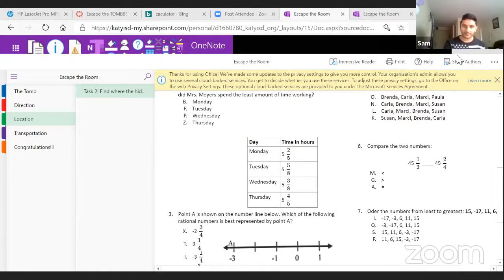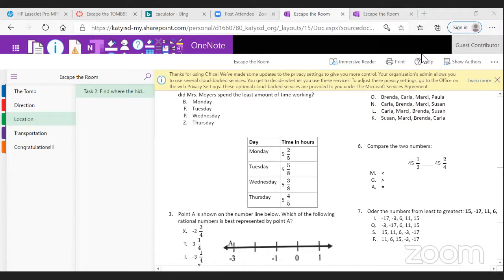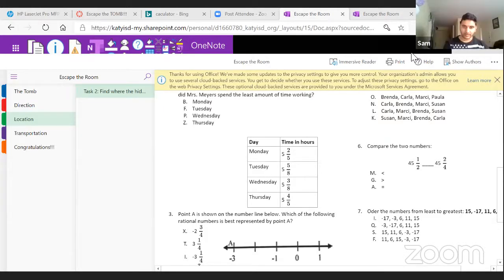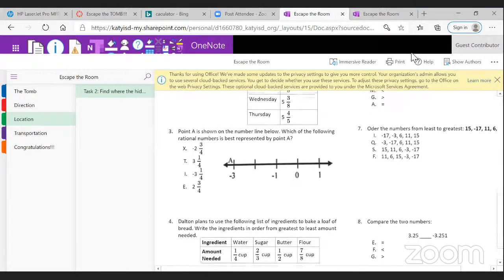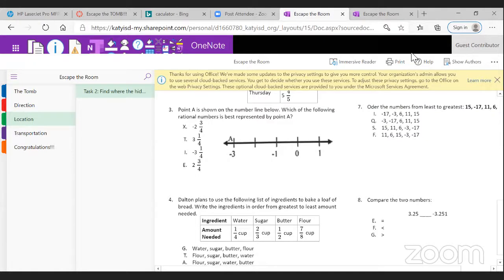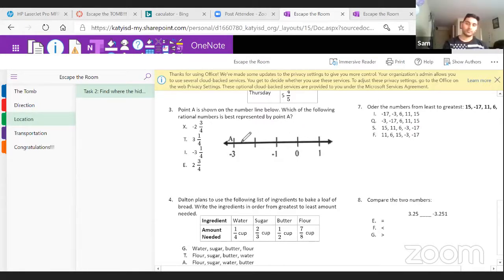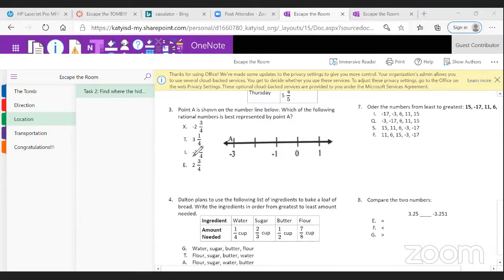All right, let's go to number 3. Can you scroll down a little bit? So number 3. It says point A is shown on the number line. Which of the following rational numbers is best represented by point A? So what is the right representation of point A? You have to look at where point A is located. I think point A is a negative number, right?